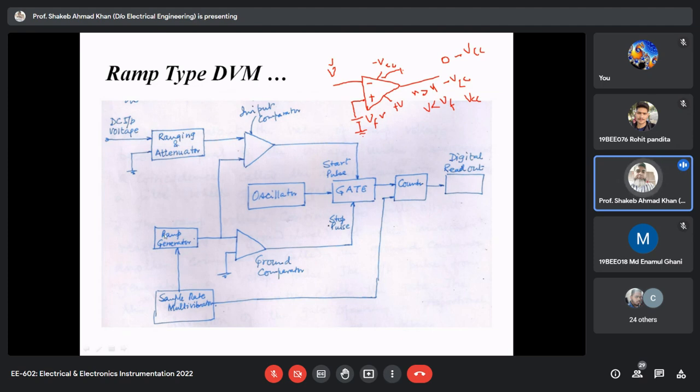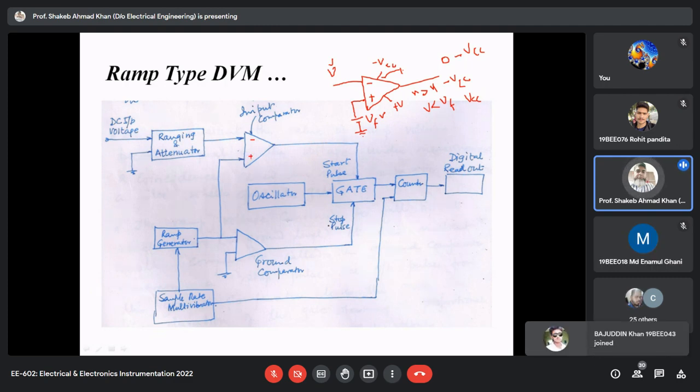Suppose this is your non-inverting terminal, and this is your inverting terminal.